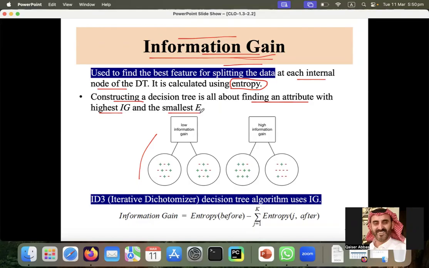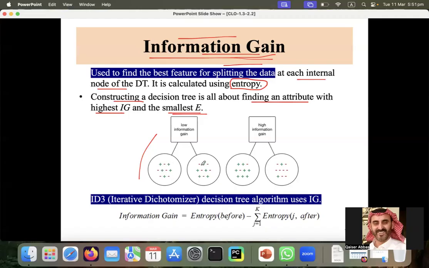We can construct the decision tree by considering the attribute with the highest IG and the smallest entropy. If we can find these two things for each node, then we can construct the decision tree. Otherwise, not. For example, here we have 5 greens and 5 purples, 5 pluses, 5 negatives.